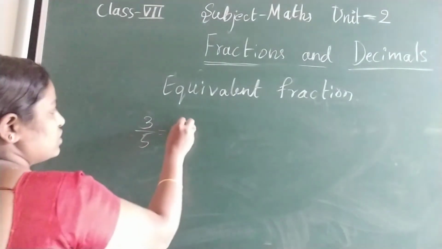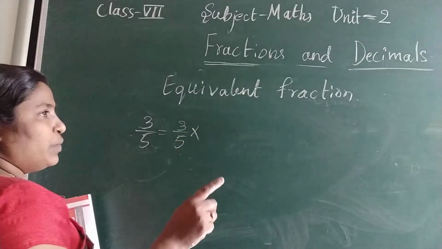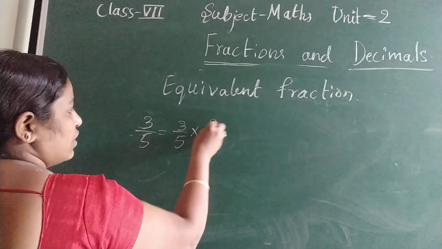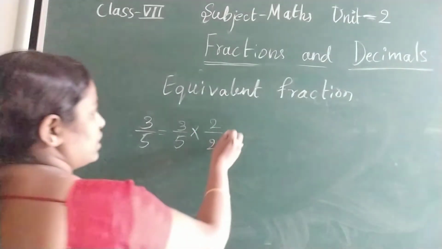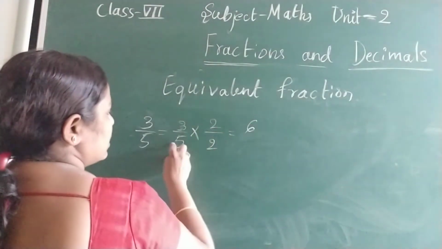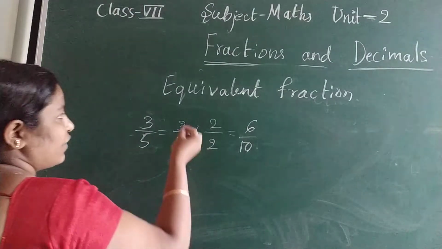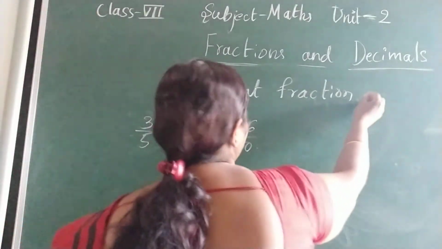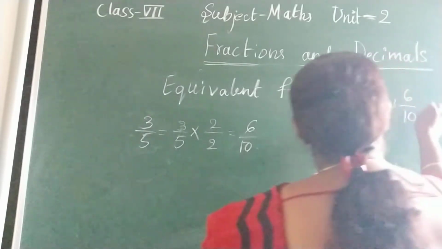So for this, how can we do it? For 3 by 5, we should multiply by the same number for the denominator as well as for the numerator. So 3 2s are 6, 5 2s are 10. I'll write here equivalent fractions: 3 by 5, then next 6 by 10.